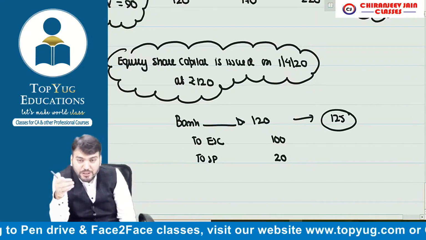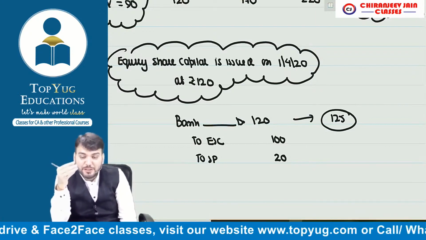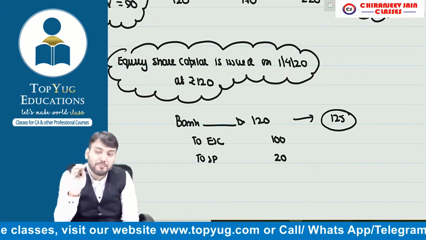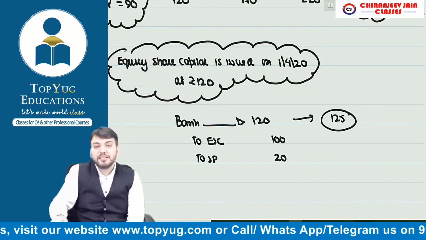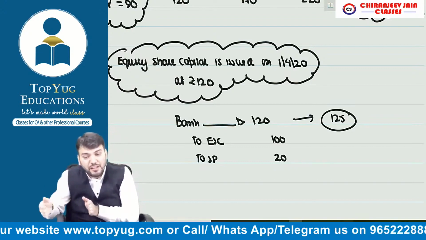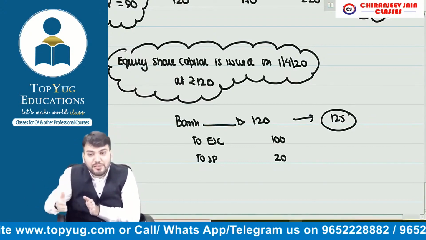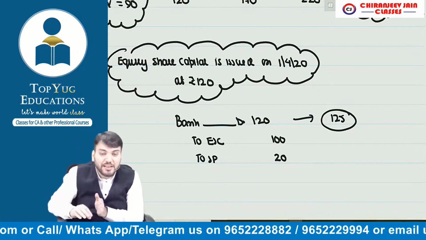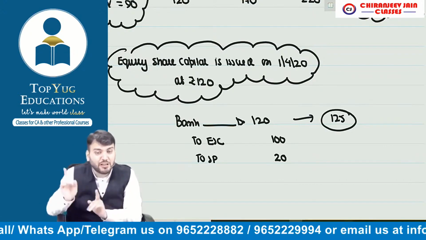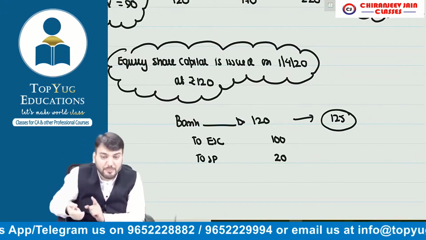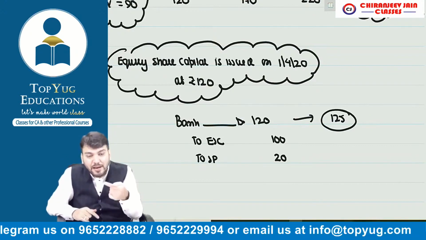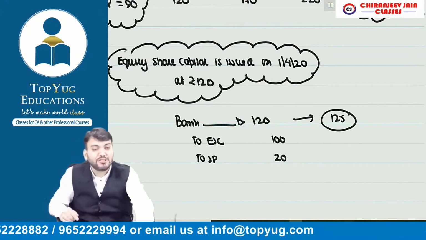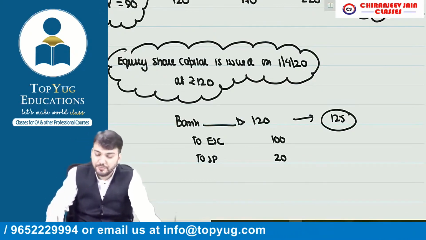After allotment of equity shares, if the market price of equity shares becomes 125, what journal entry will the company pass for any subsequent change in the market price of equity shares? I'm asking about the company, not shareholders. Can you say what journal entry should be recorded?